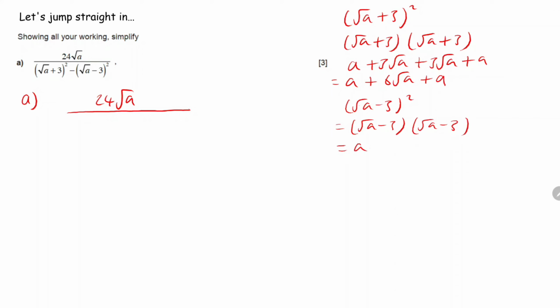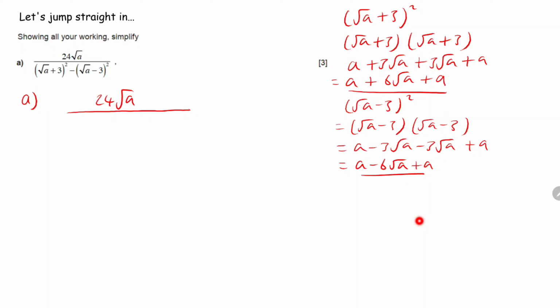Root a times by minus 3 is minus 3 root a, and the two middle terms give the same, minus 3 root a. Then minus 3 times by minus 3 gives us again plus 9 at the end. That will simplify to a minus 6 root a plus 9.